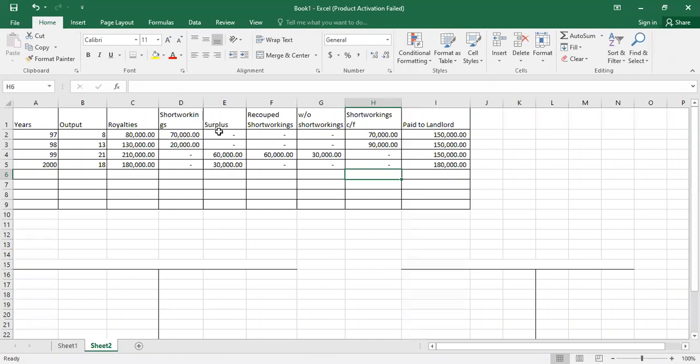So what you are supposed to know is that the short workings and the surplus column, these 2 columns, are completed by comparing the royalties with the minimum rent.